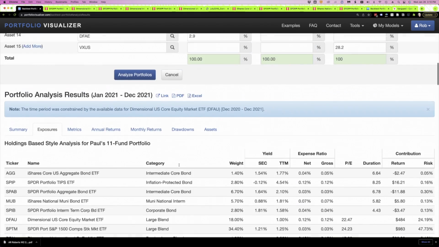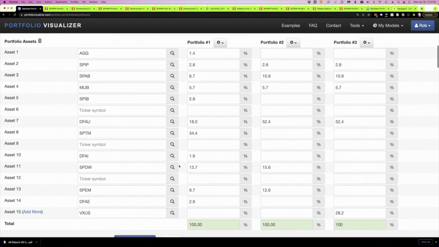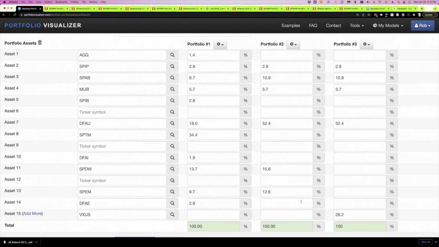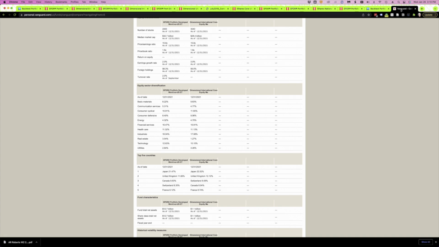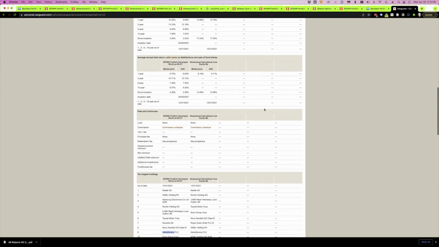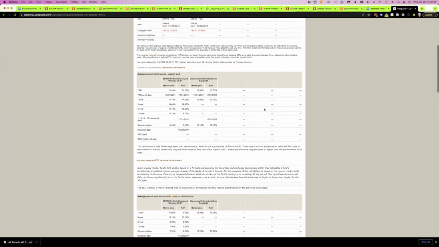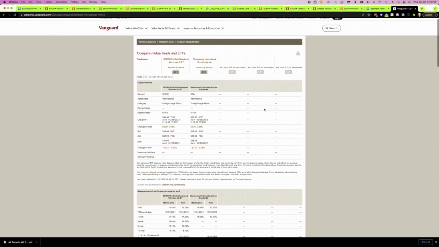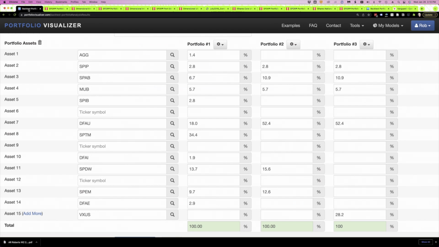And I'm going back to the top. And this is how I did it. Again, I used Morningstar to compare mutual funds. I did use, and showed you, this one tool from Vanguard, which you could use. I find it kind of helpful, but I probably prefer Morningstar. And I think we were able to take this 11 fund portfolio, reduce it to 5, and basically have the same portfolio.